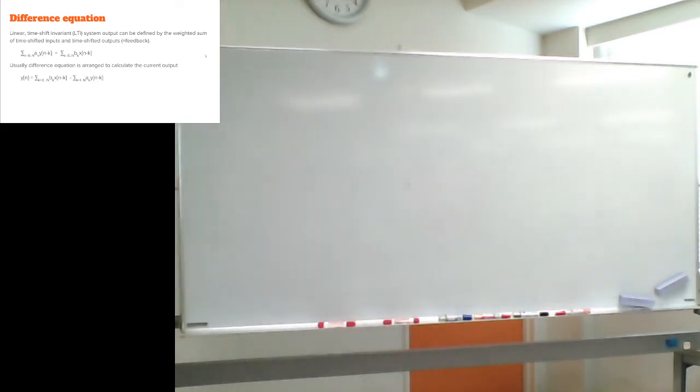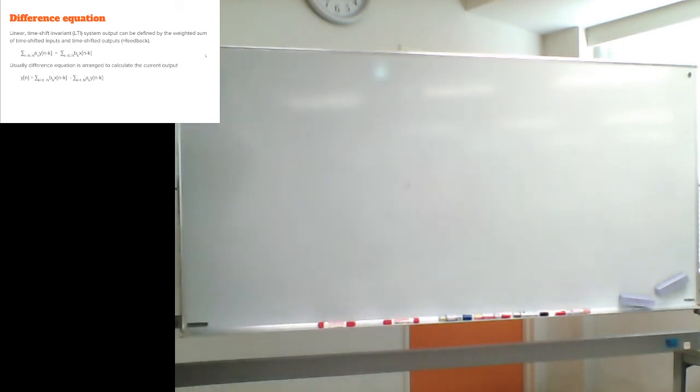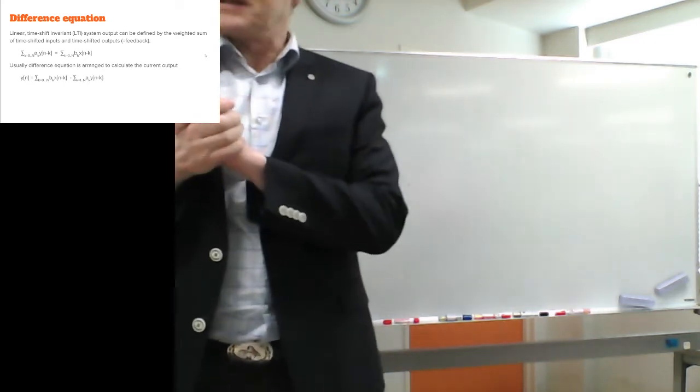If you want to calculate the output, the difference equation is showing one way of calculating it. This is mathematically totally correct, but this is not the way you would implement a digital signal processing system.